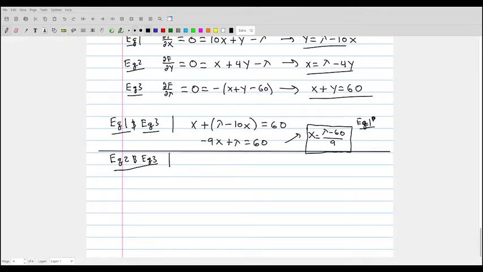When we plug equation 2 into equation 3, we'll get lambda minus 4y plus y is equal to 60, which is the same thing as lambda minus 3y is equal to 60, which we can solve for y to get that y is equal to lambda minus 60 over 3.